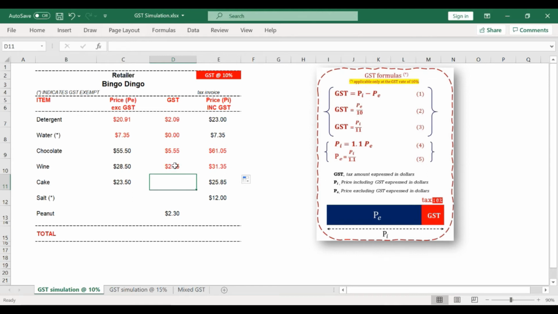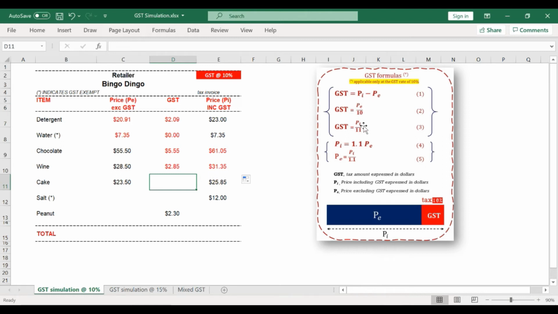Now, in terms of the cake, we have the price before and after tax, and we need the GST amount. We can use a number of ways of doing it. For example, you can use equation number one. It's very simple: you just subtract the prices from each other. But I'm going to use something else. I'm going to use equation number three.